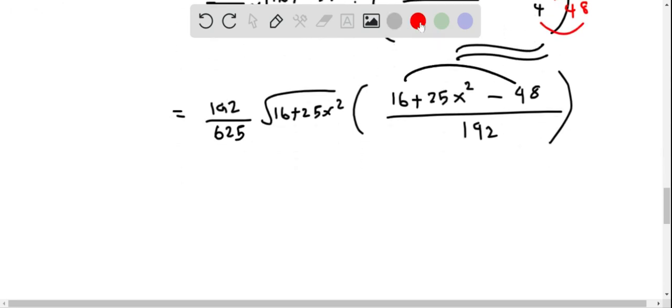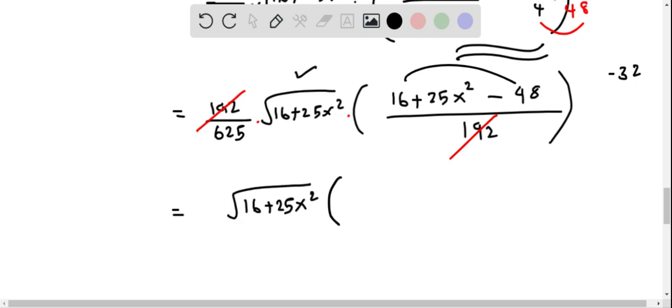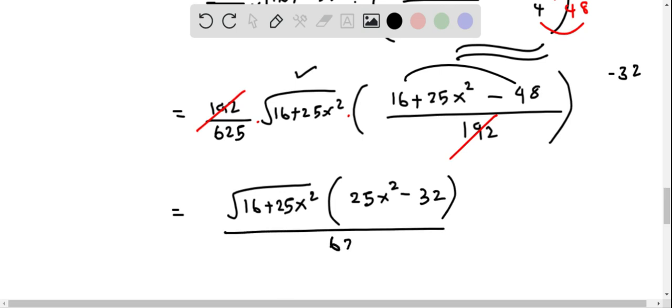We also see that now everything is a product here, so we can cancel this 192. So this could be written as the square root of 16 plus 25x squared, times 25x squared minus 32, divided by 625. So this is the final expression of the indefinite integral.